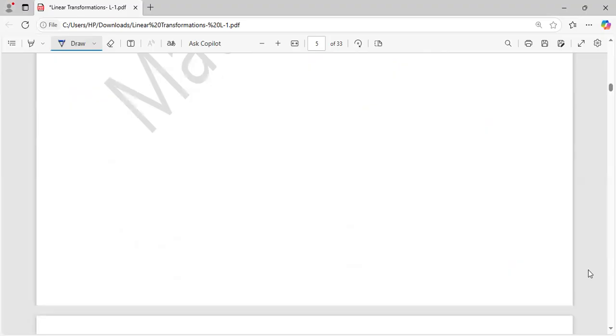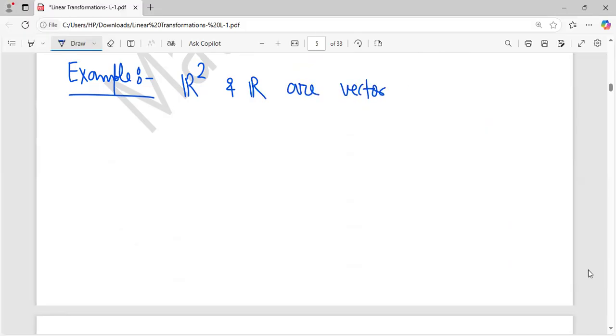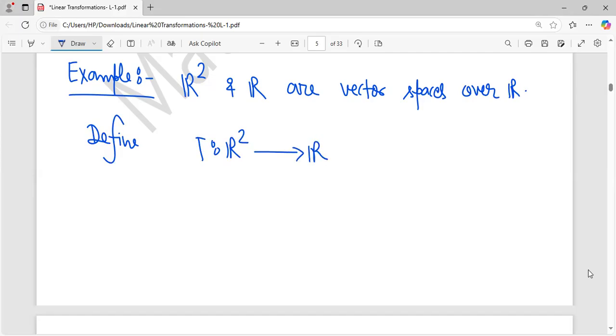Example. R square and R are vector spaces over R. Define T from R square to R by T of x, y is equal to x.